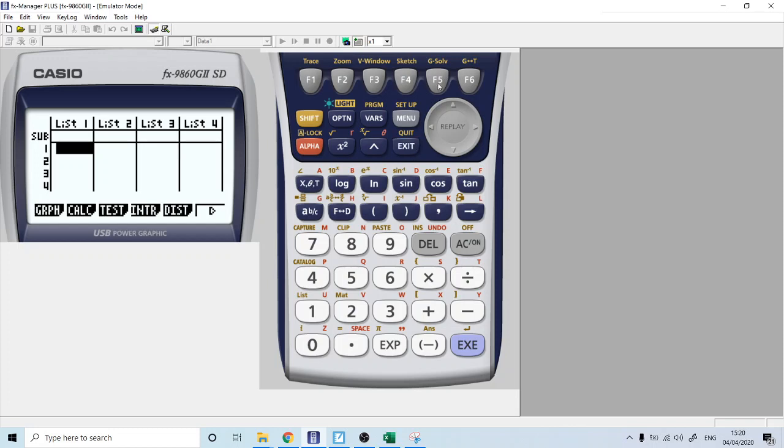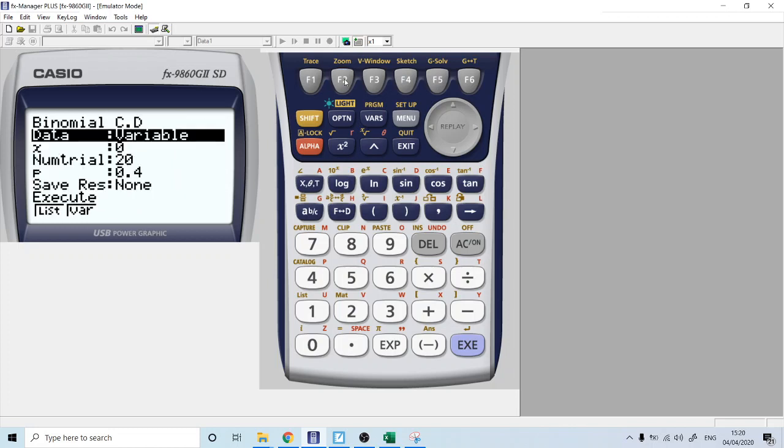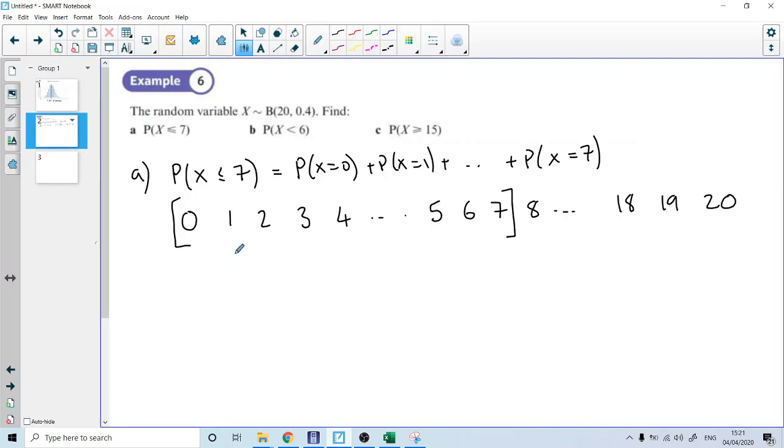So again, go on distribution, binomial, and CD, where C stands for cumulative. Now, where it says x, your calculator can add up all the probabilities starting from x equals 0 up to the value that you enter.